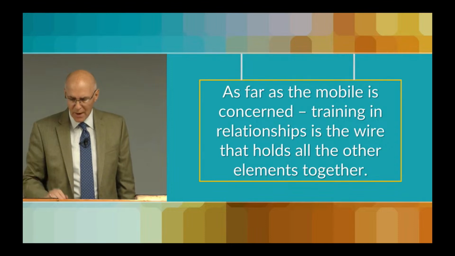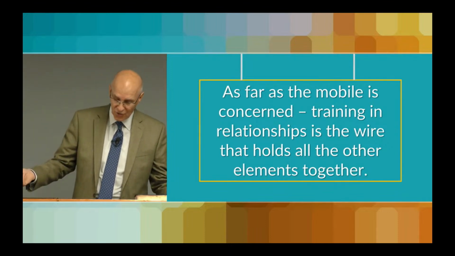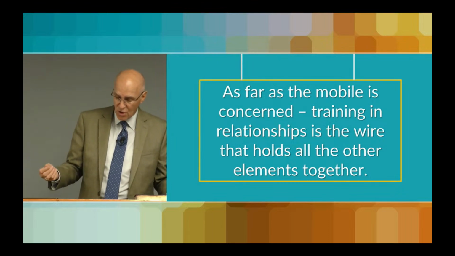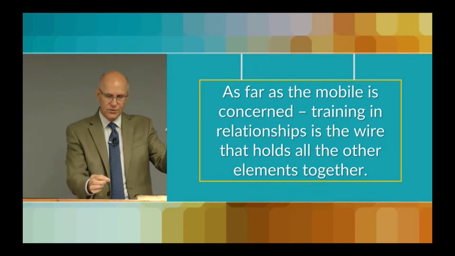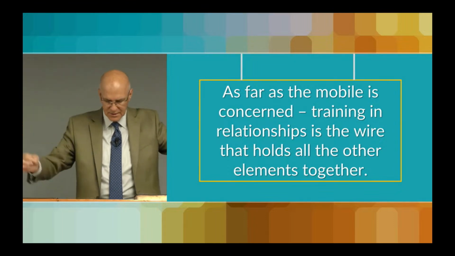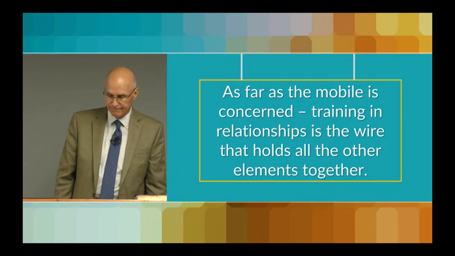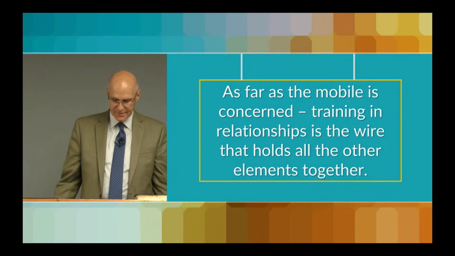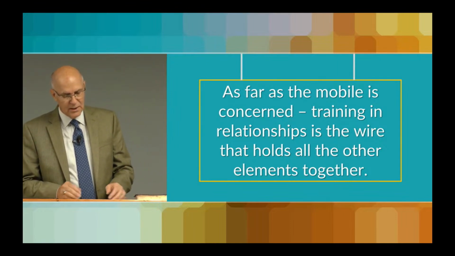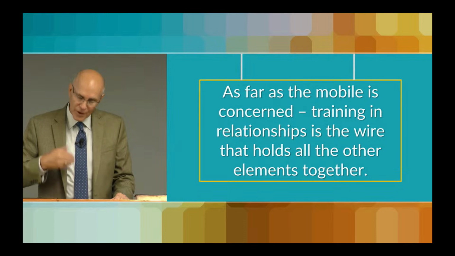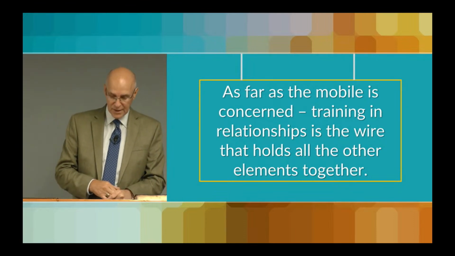As far as the mobile, if you're working with my analogy here, as far as the mobile illustration goes, training in relationships is the wire that holds all the pieces together. Very important. We learn that in the family. School hopefully can reinforce these ideas, but they're introduced and they're reinforced always in the family.